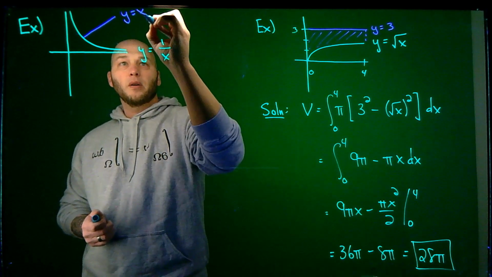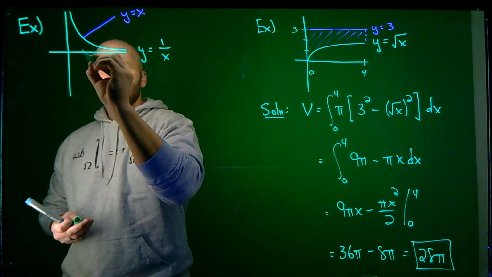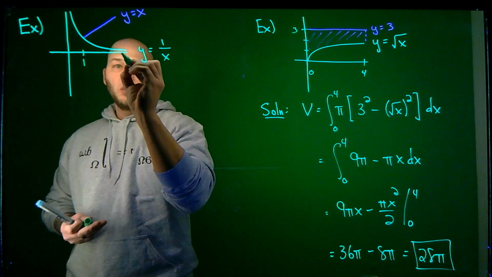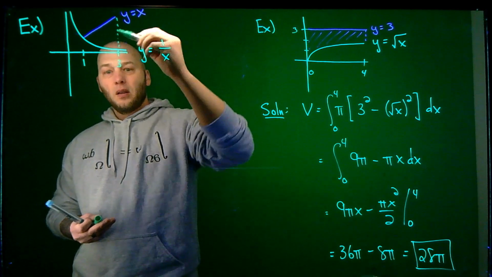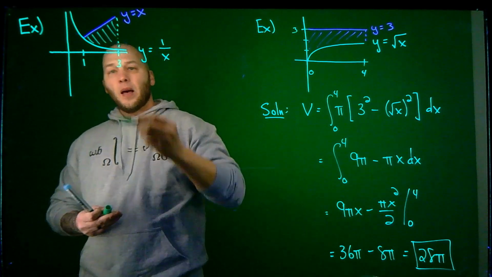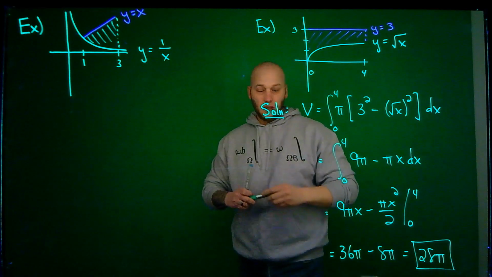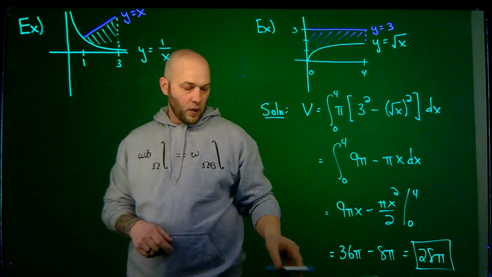Of course, the intersection point there would occur at 1. So let's go from 1 to, let's say, 3. I'm going to take this wedge shape right here, spin that about the x-axis, and then compute the resulting volume. Okay, so let's go ahead and do that.